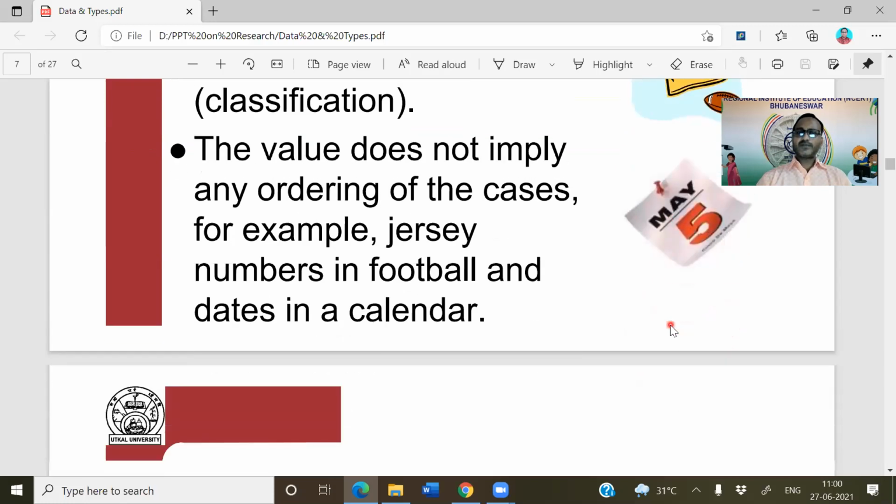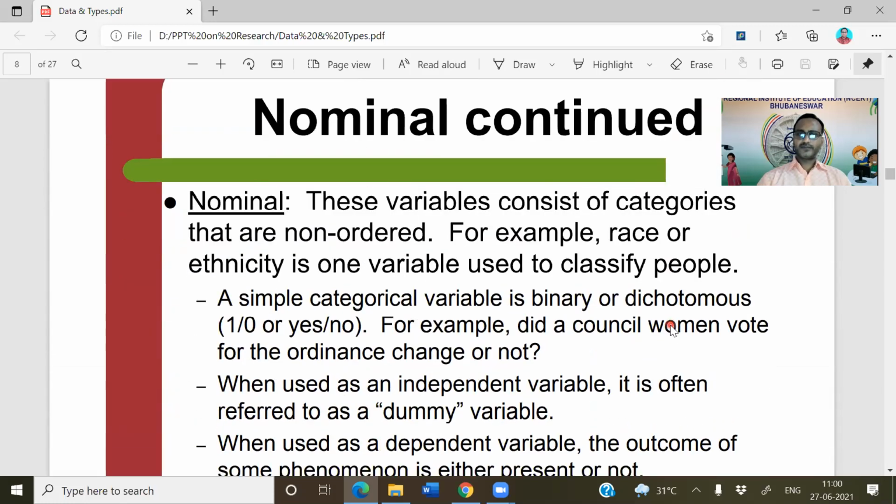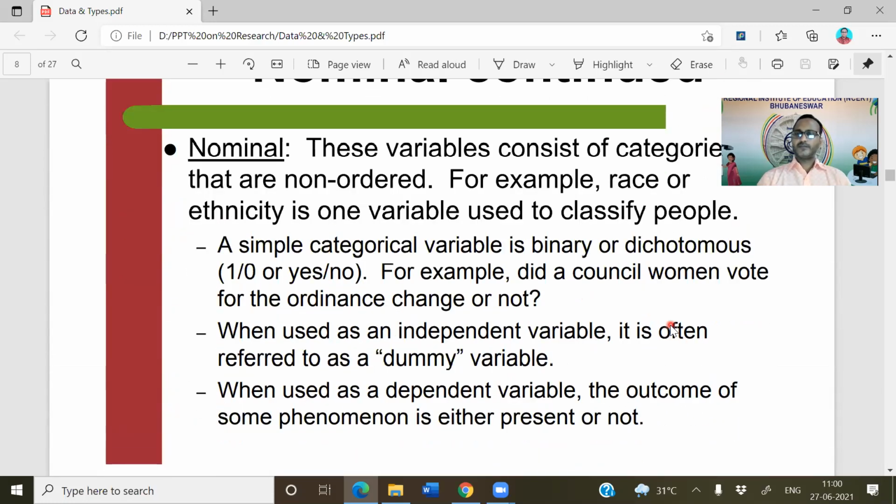So whenever you have nominal data, which kind of statistic can you use? Which kind of statistic can you use here? Because here no statistical calculation will work. No arithmetic operation will work. You cannot add Kohli plus Gayatri. You cannot add my telephone number with your telephone number.